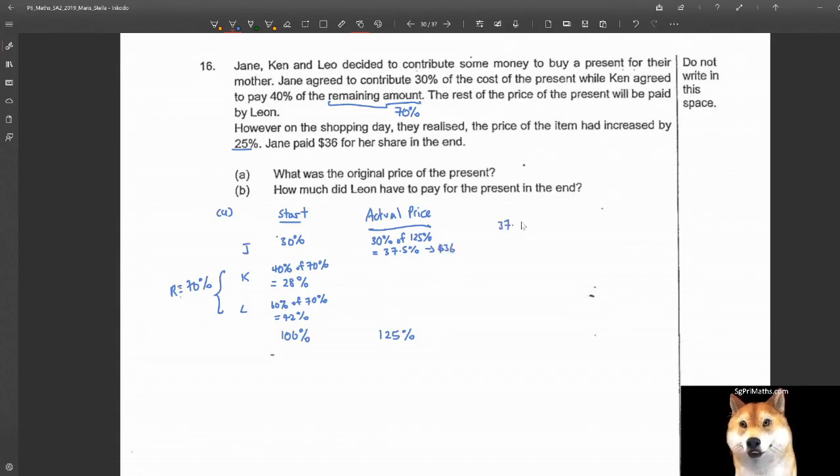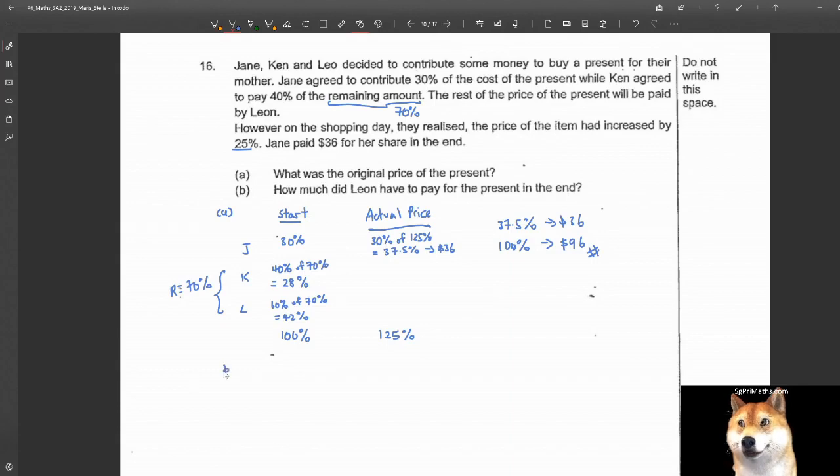So 37.5% gives me $36. 100% is the original price. This will be equal to 36 divided by 37.5 times 100, which is $96. So that is the original price.